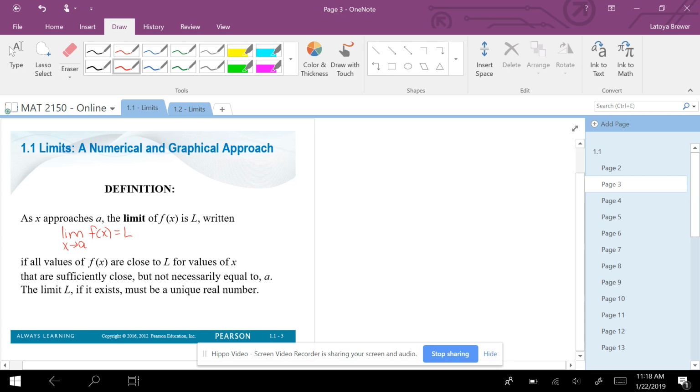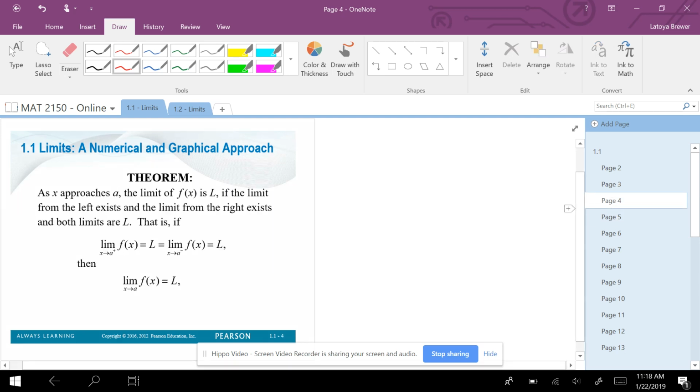Okay, so this is the very definition of the limit. All right, so let's go to the next page, and we'll determine what this is and what it means, and I'll go into more detail, but that's the definition of a limit.